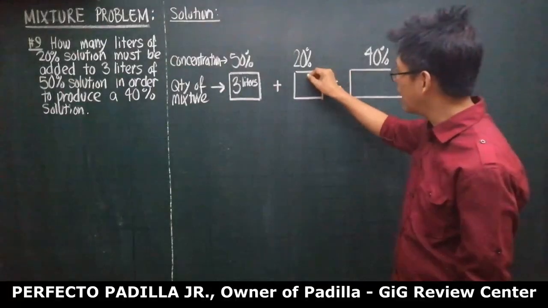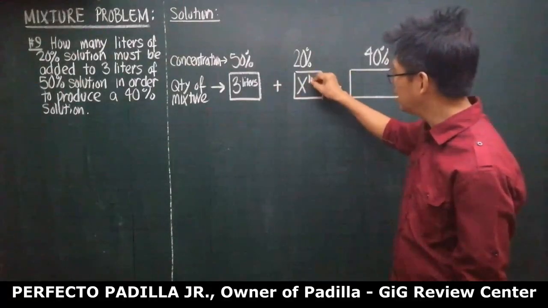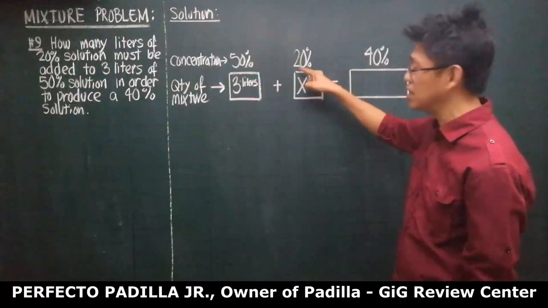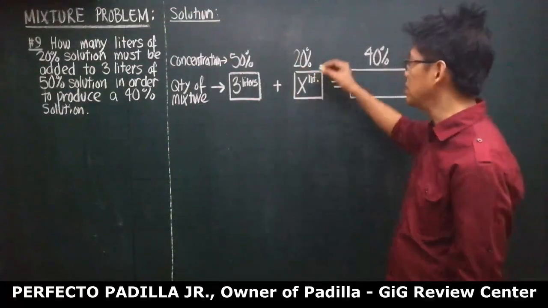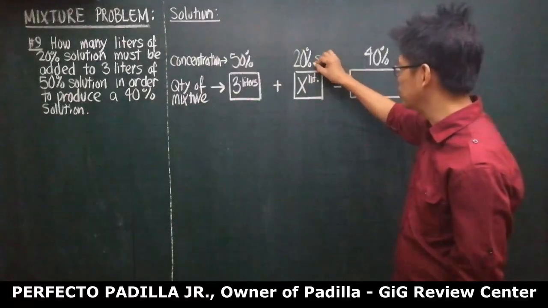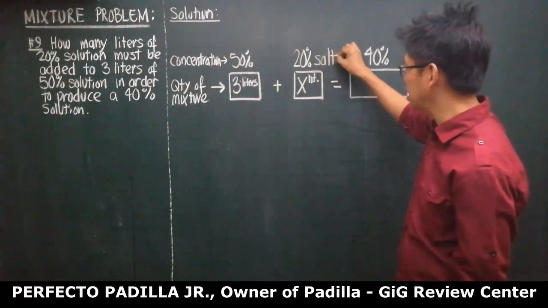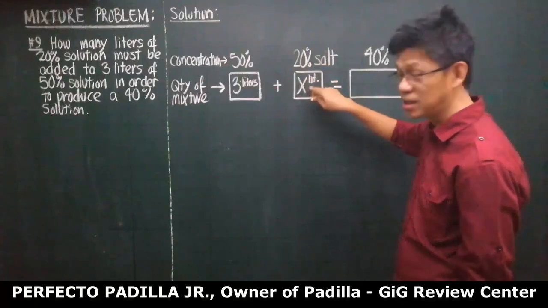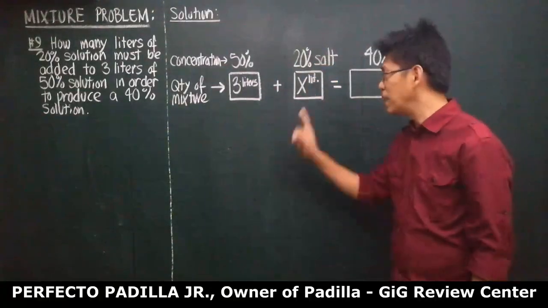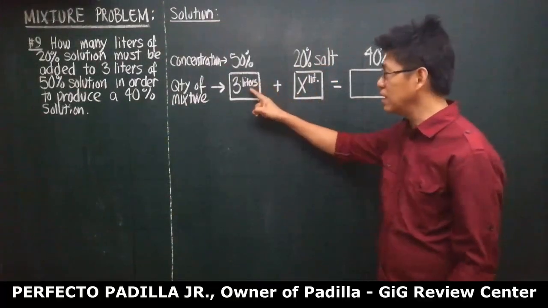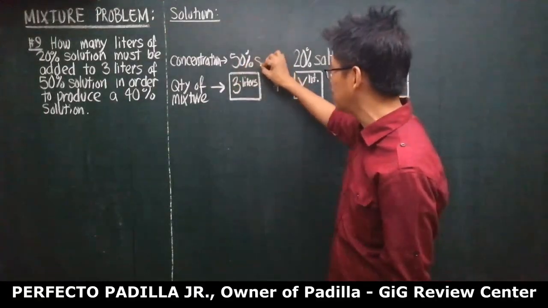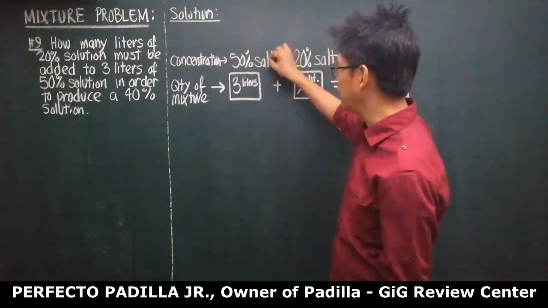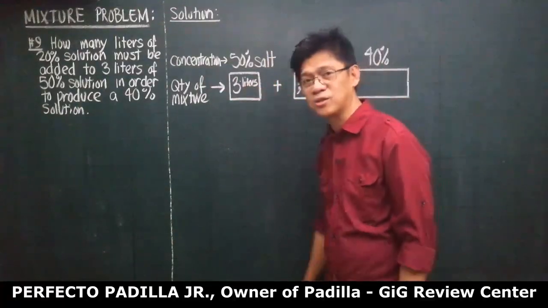This must be 20% salt. It must be added to 3 liters of 50% solution, and for illustration, sabi natin, salt. 50% of 3 liters is salt.